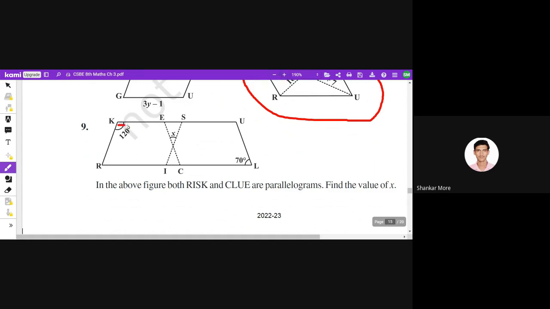So see, this is a parallelogram. ठीक है, तो इसमें अगर ये 120 है तो ये वाला भी 120 रहेगा, right? So ये वाला 120 है, तो यहाँ पे जो एंगल है ये कितना रहेगा, स्टूडेंट्स?